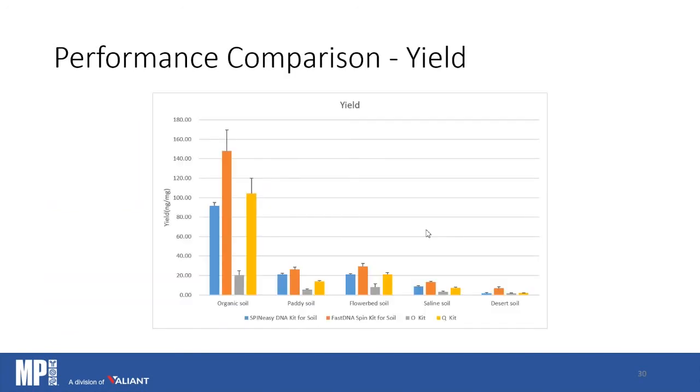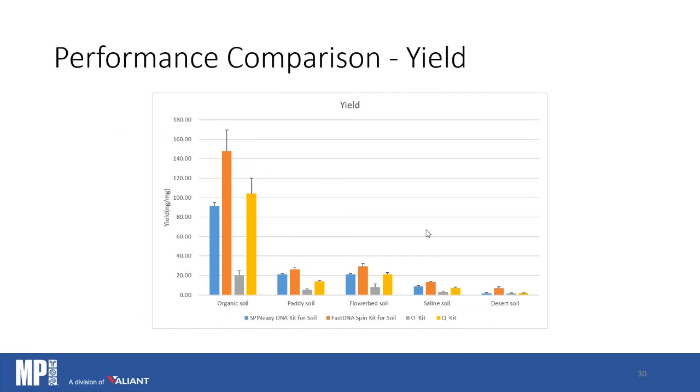We have compared the yield performance of this kit with our top-selling FastDNA Spin Kit for Soil and kits from Omega and Qiagen. They are used to extract DNA from 5 different soils. The results show that both SPINeasy and the FastDNA kit from MP Biomedicals have higher yield compared to competitor kits.